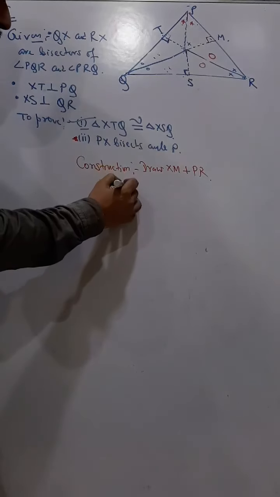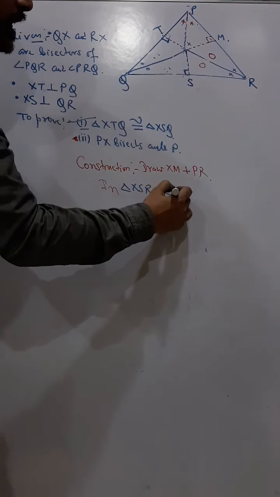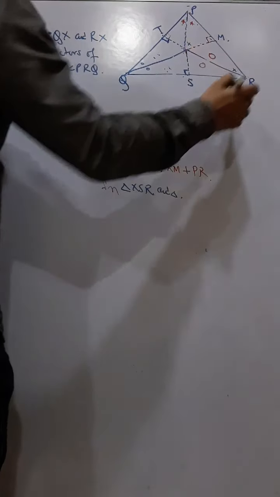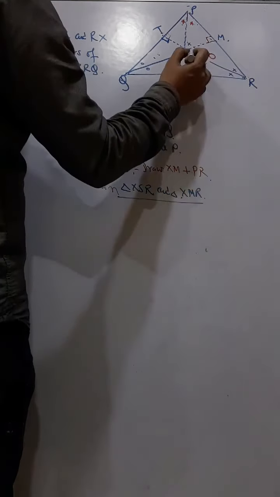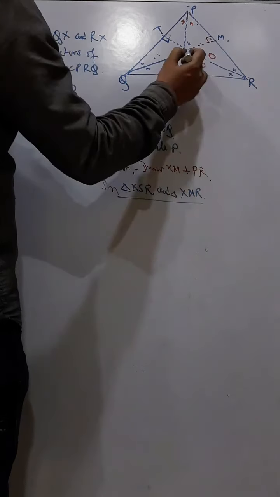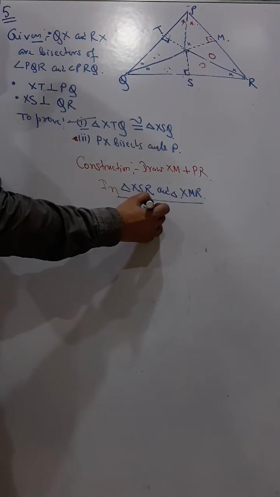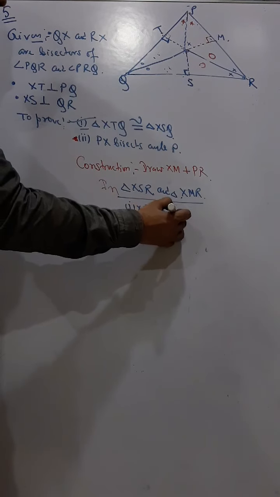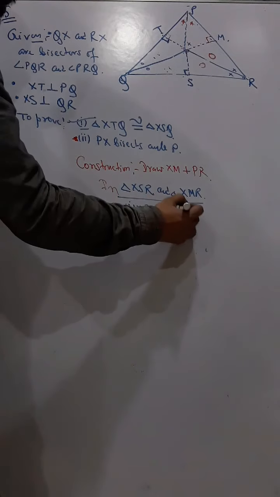Now in triangle XSR and triangle XMR, these two triangles we can prove congruent, where all 3 points we know. The first is XR equals XR. That is common.